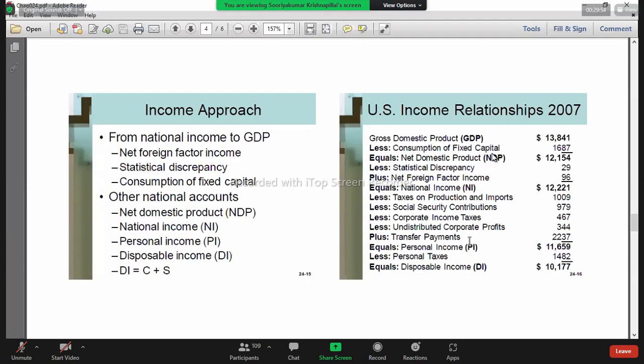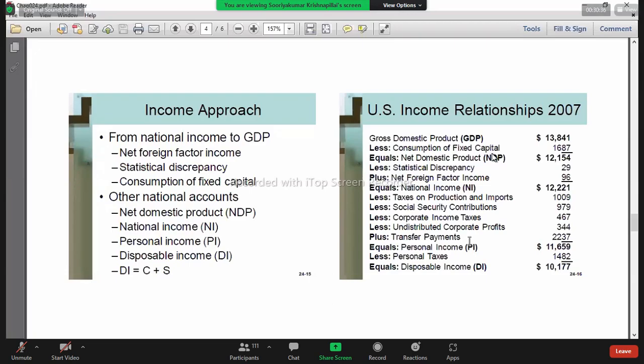Part of the profit they keep, the undistributed corporate profit. Also, companies pay taxes. That is a different tax. If you are investing in a company, some tax on the company profit goes to the government, that is corporate tax. Then they keep part of the corporate profit, and the rest they distribute to the shareholders.